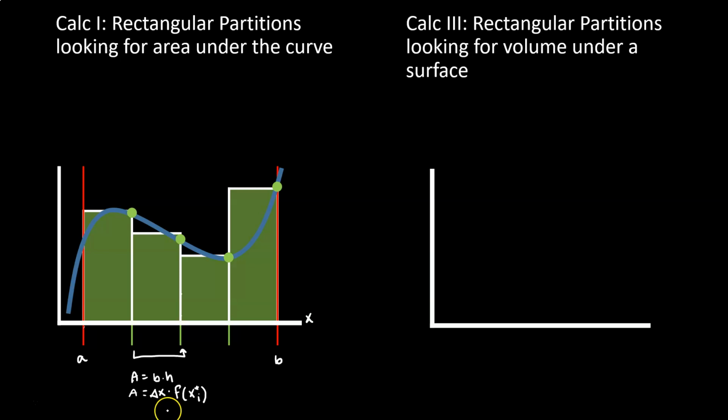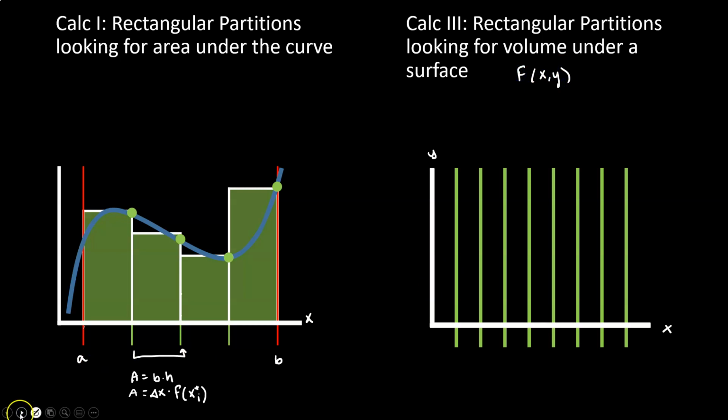Now, we're going to talk about that same kind of partition for a function with multiple independent variables. So in Calc 3, we are starting out with xy axes, but those are both independent variables. The same way that we chopped up the x-axis in Calc 1, we need to chop up the entire xy plane for Calc 3, because our function has x and y as independent variables.